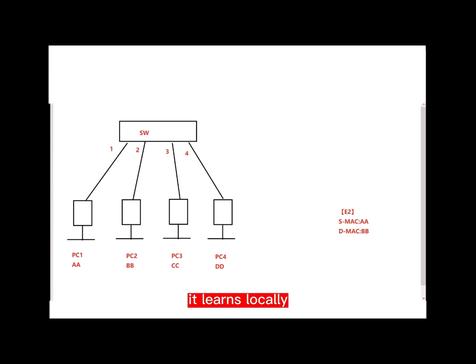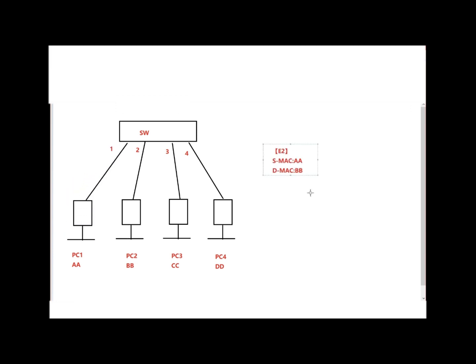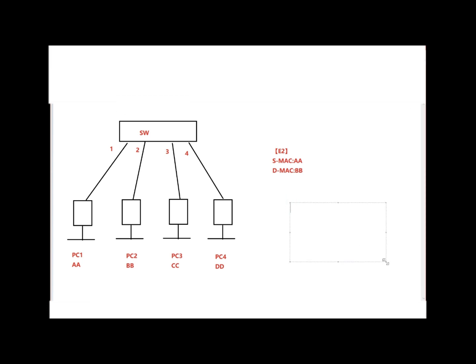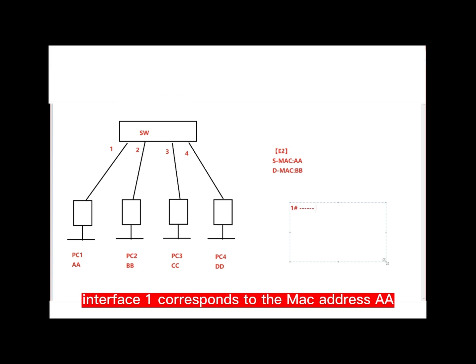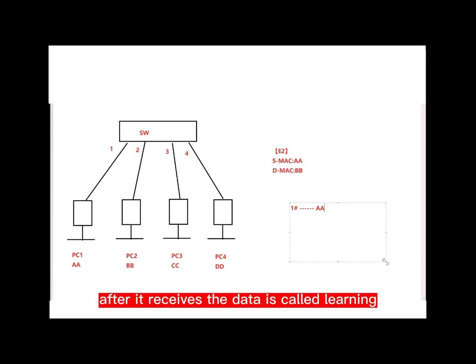It learns locally. It only needs to receive a data frame from this interface. It will look at the source MAC in this data and record it in the local MAC address table. So it will now record interface 1 corresponds to the MAC address AA. It learns like this. The first behavior after it receives the data is called learning.